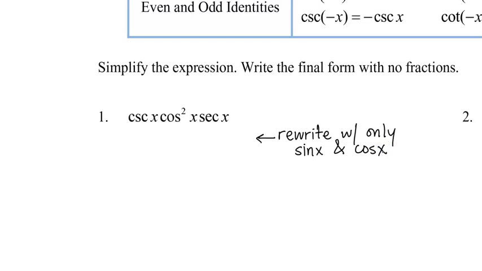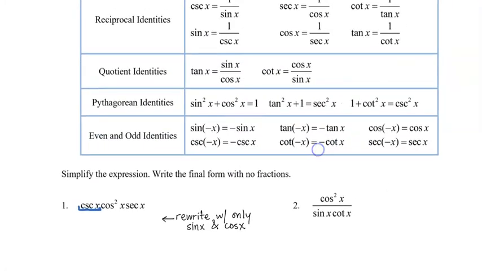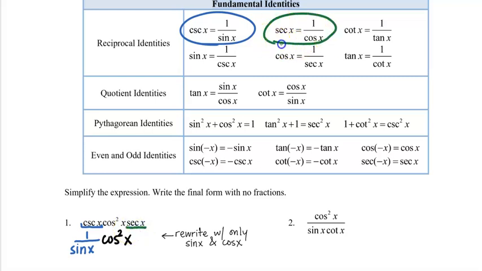If I want to rewrite this with only sine and cosine, I don't want to write cosecant anymore because that is not sine or cosine. I will replace that cosecant with 1 over sine x. The cosine squared, the second factor, I'll leave as it is because it's already in terms of cosine. And then the secant x, I'm going to rewrite as 1 over cosine x.